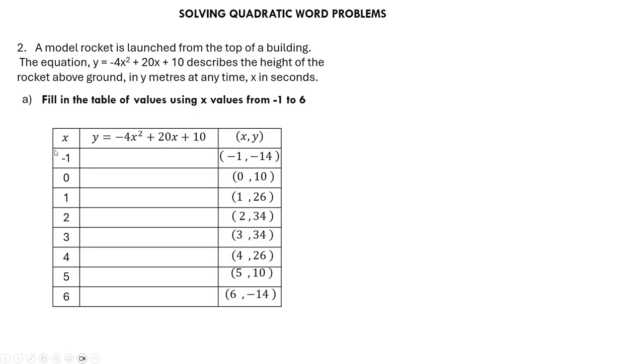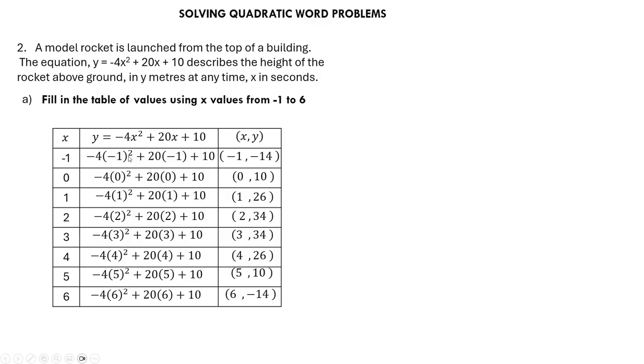So we're asked to use x values from -1 to 6. So once again, we'll plug these values into our equation and get a series of answers. So our first coordinate here is -1, -14, 0, 10, and so on.